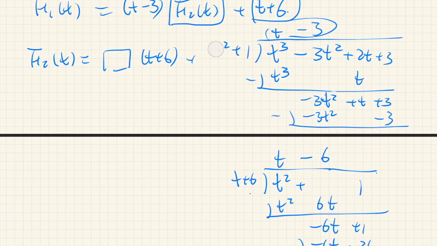Okay, so the quotient is t minus 6, and the remainder is 37.